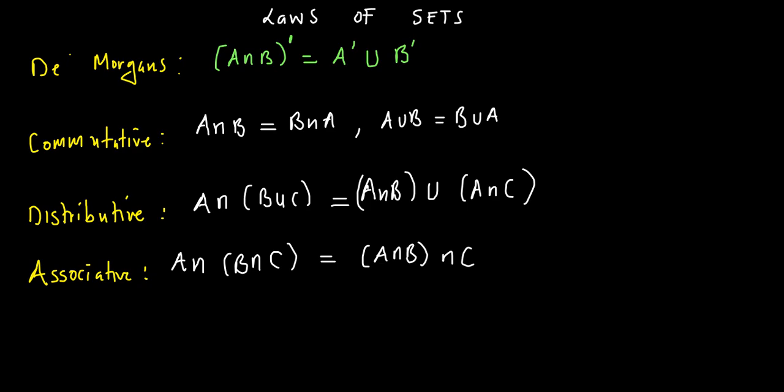Okay. So having understood those laws, you now also need to know some rules when you are dealing with sets. Let's say here is our Venn diagram. And here we have two sets, the set A and the set B. And this is the universal set.